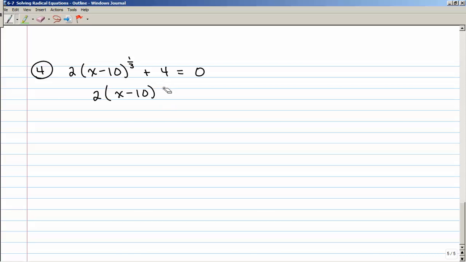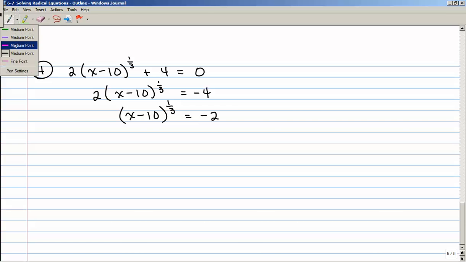Divide both sides by 2. To the 1/3. And I divided by 2, so that's a -2. Now, to get rid of that 1/3 power, I'm going to cube it. I'm going to raise each side to the power of 3.